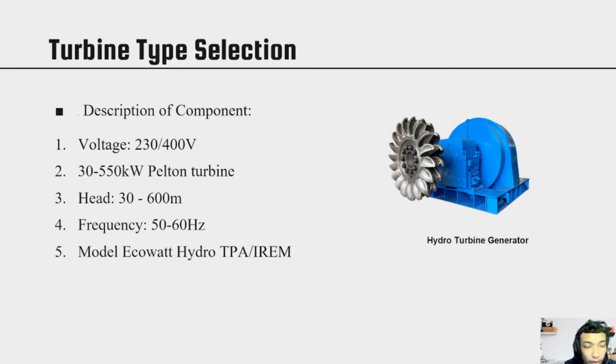Second, 30 until 550 kilowatt Pelton turbine. Third, head 30 until 600 meter. Fourth, frequency 50 until 60 Hz. And lastly, model Ecowatt Hydro TPA or 1 RAM.